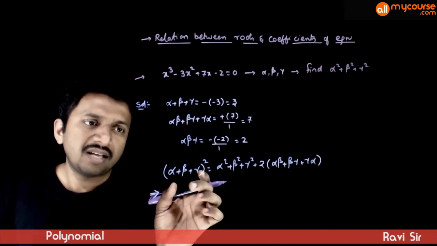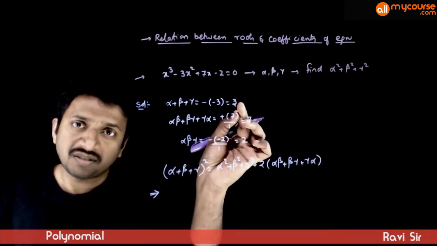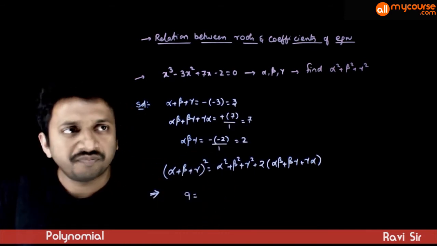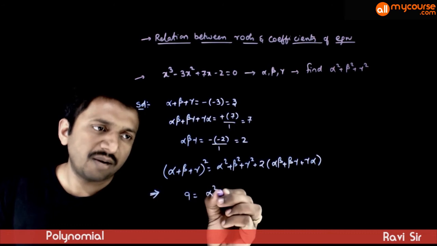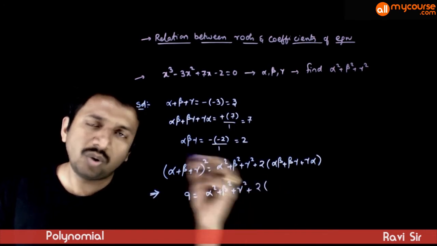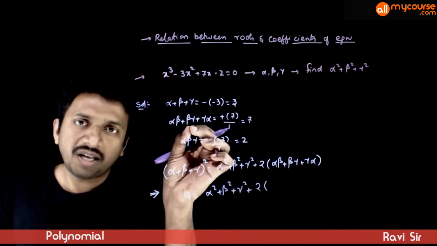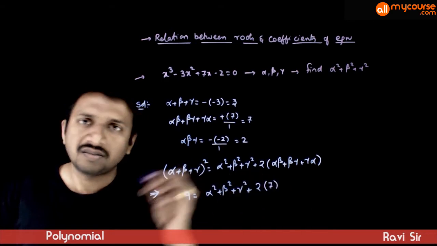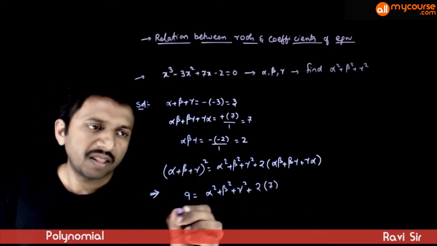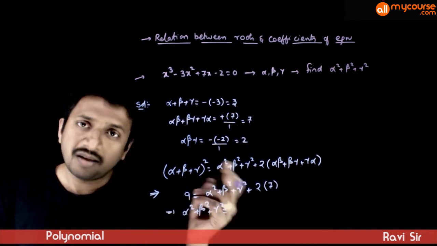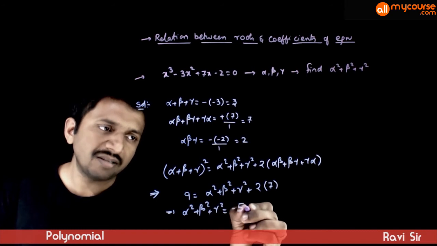This implies alpha plus beta plus gamma, which is 3, squared, 9, is equal to alpha square plus beta square plus gamma square plus 2 times alpha beta plus beta gamma plus gamma alpha, which is 7. This implies alpha square plus beta square plus gamma square is equal to 9 minus 14, which is minus 5.